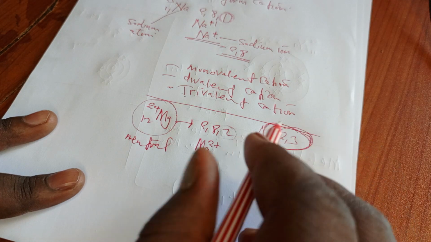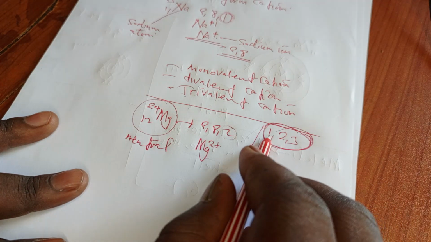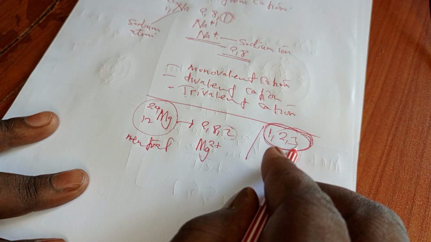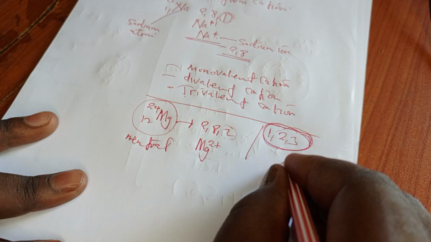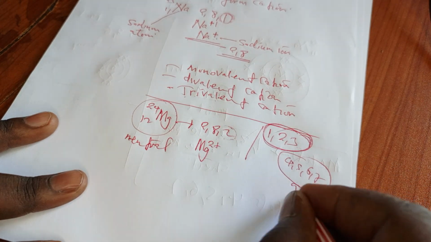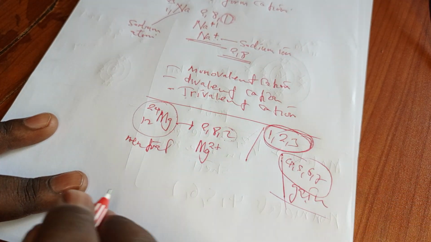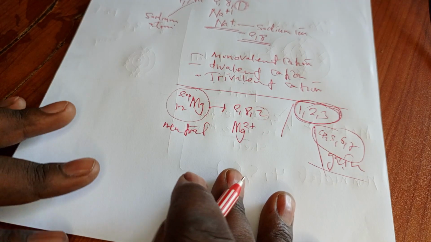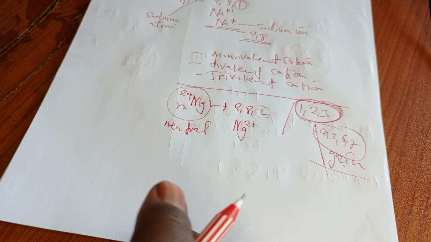So for 1, 2, 3, these are for metals, and they need to lose these electrons. Then for 4, 5, 6, 7, these are nonmetals, and they gain. When we reach that point, I'll explain more. So this is the cation part.